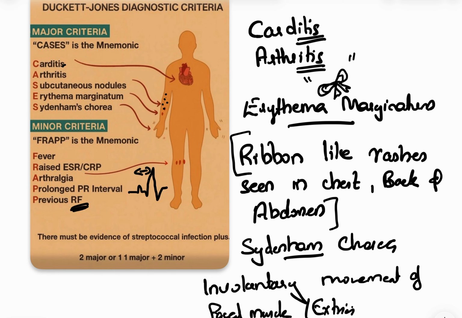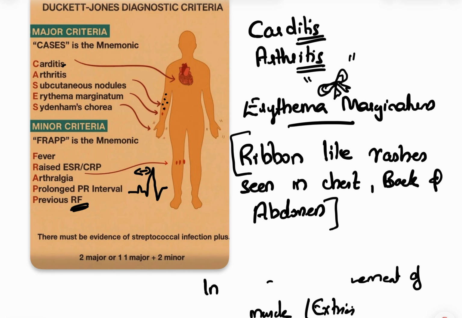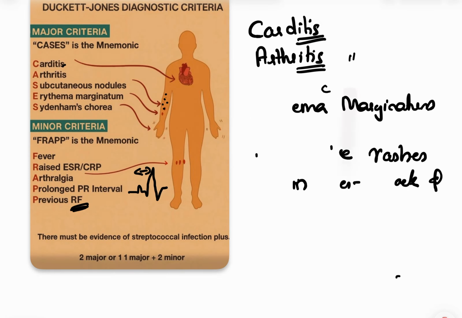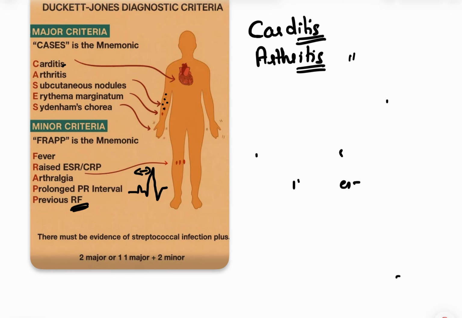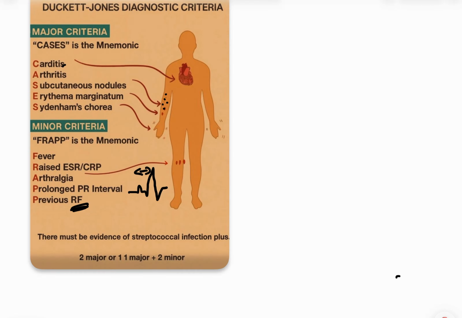Remember Sydenham chorea and erythema marginatum. They are very, very commonly asked questions regarding rheumatic heart disease. If a question comes up, what is erythema marginatum? You all know it's seen in rheumatic heart disease. It is a ribbon-like rash seen on the chest and abdomen of the patient. And Sydenham chorea is the involuntary movement of the facial muscles and also the extremities. See, the image is showing the patient's hands moving.